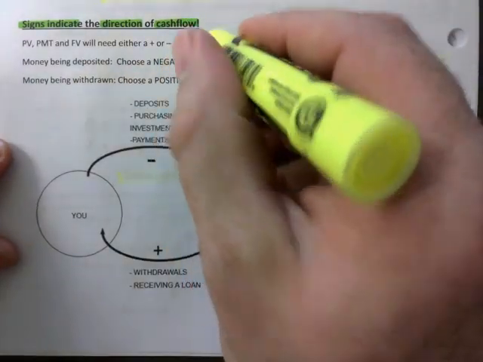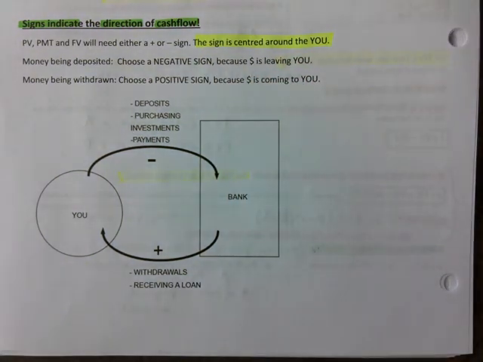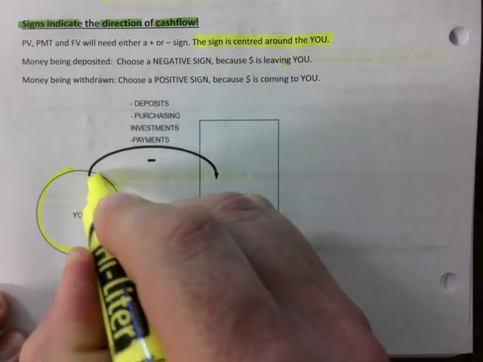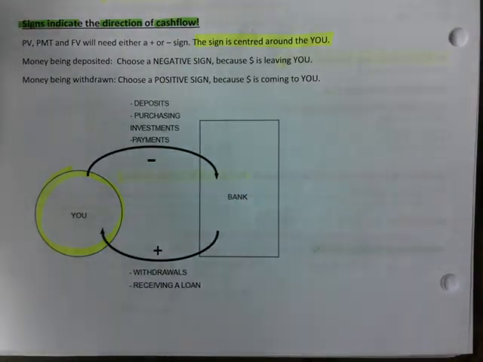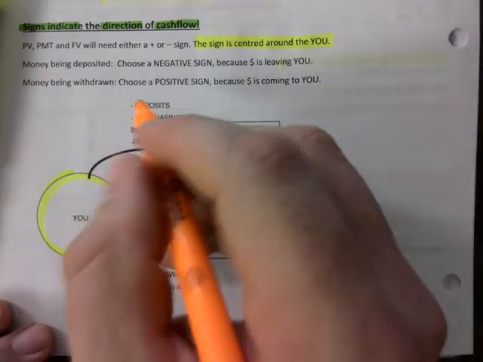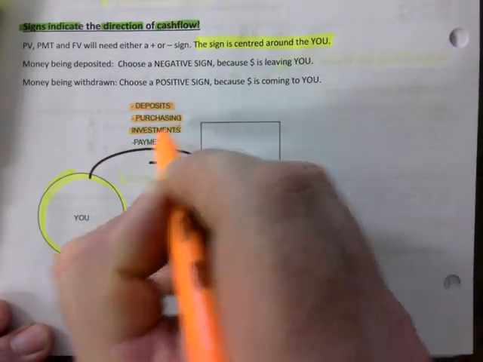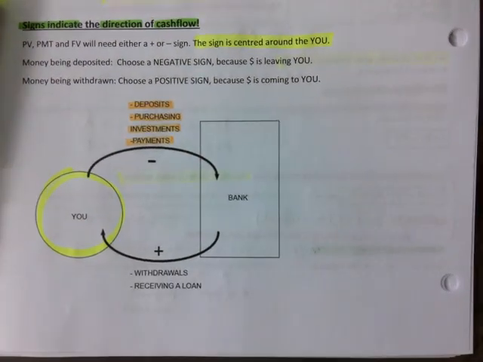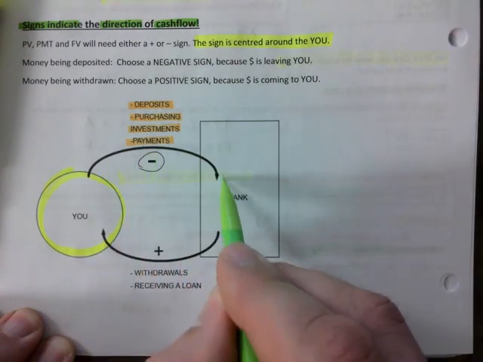This is what I need you to remember. The sign is centered around you. I know it sounds weird, but it all has to do with you. So if this is you, if you're making deposits, purchasing an investment, or making payments for a loan, then the money is flowing away from you.